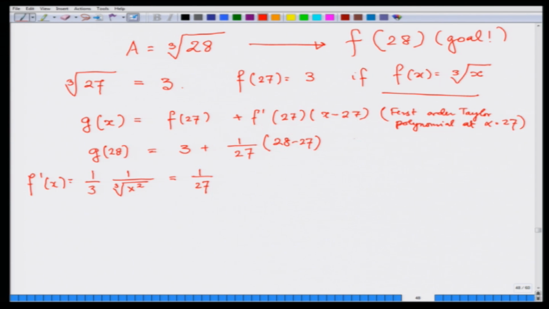So, you see how nice it becomes, 3 plus 1 by 27. Of course, cube root of 28 would be slightly bigger than 3, because cube root of 27 is 3. So, it means that this is approximately 3.0370.